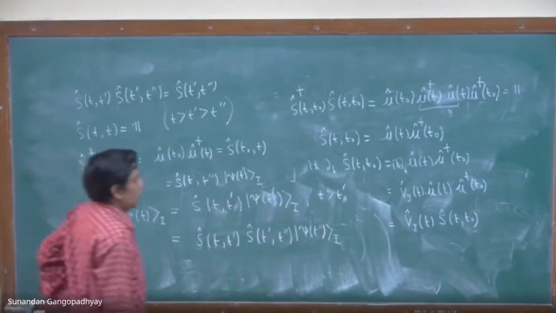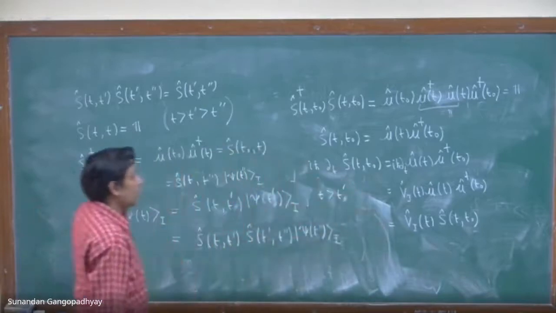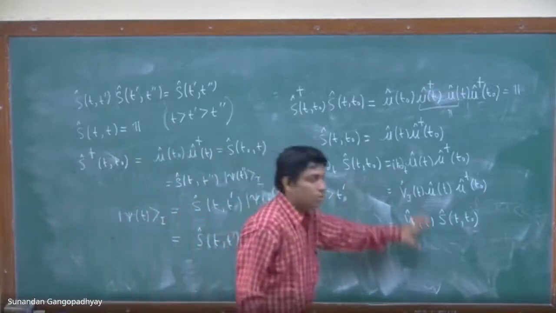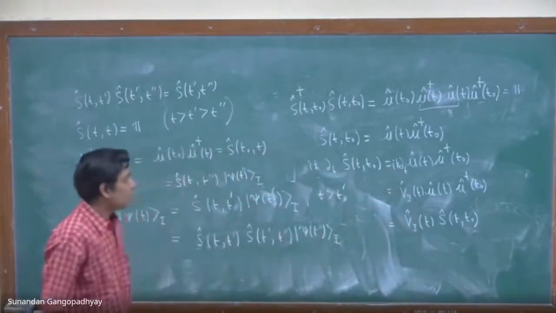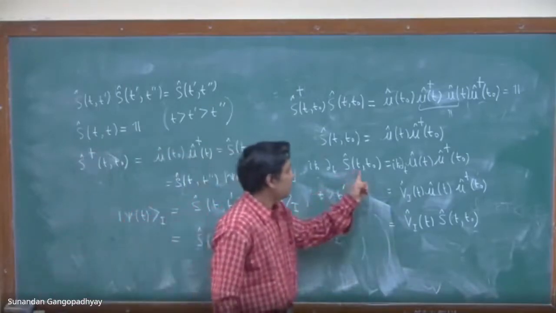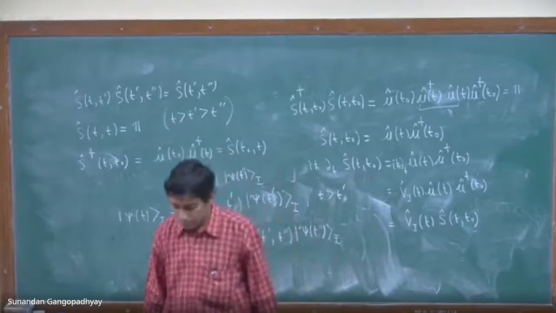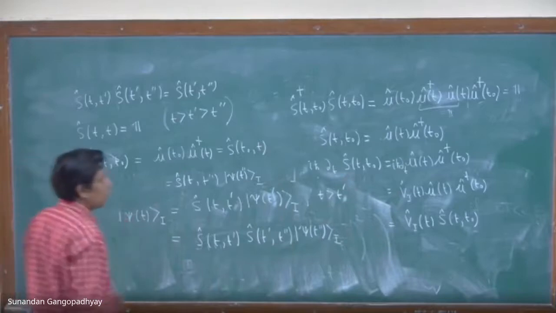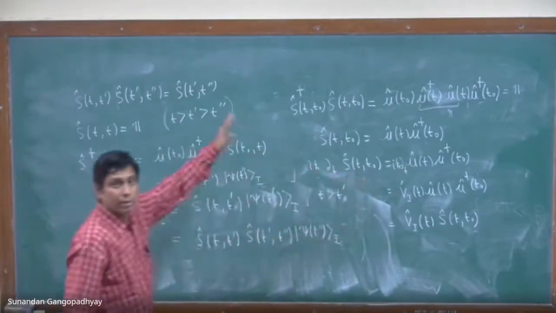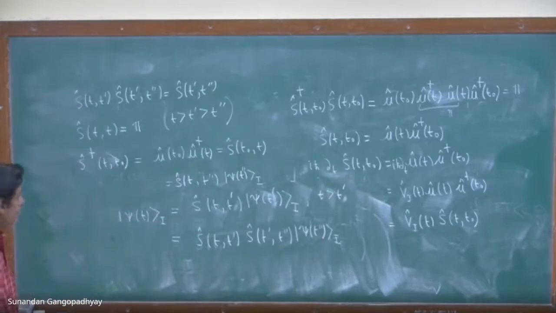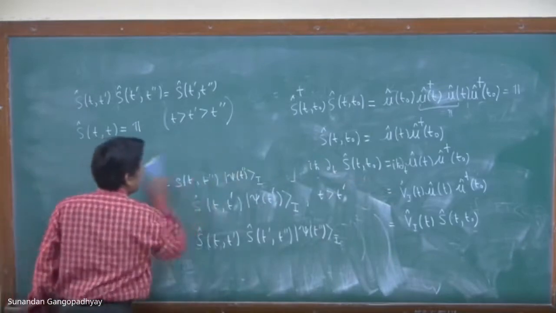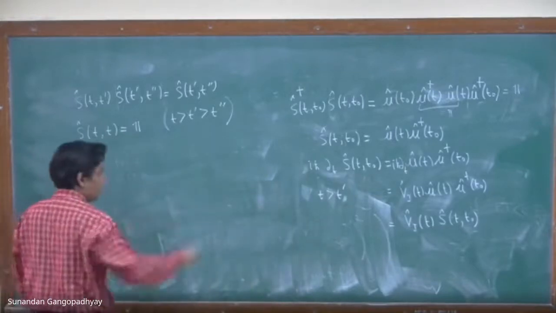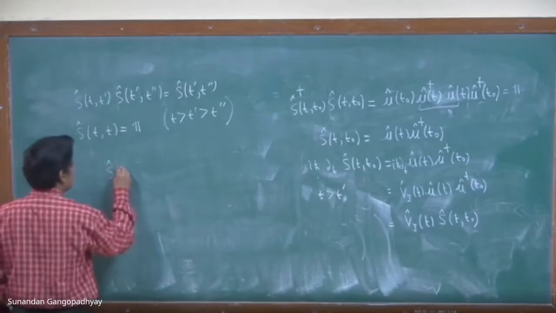So this is the dynamical evolution equation for the operator S hat T comma T naught, and you can now start solving this equation with the condition that S hat T naught comma T naught is the identity operator. If you solve it in the same way as we did for the operator U hat T, you remember the way in which we solved the differential equation, then you can write down a formal solution for S hat T comma T naught.